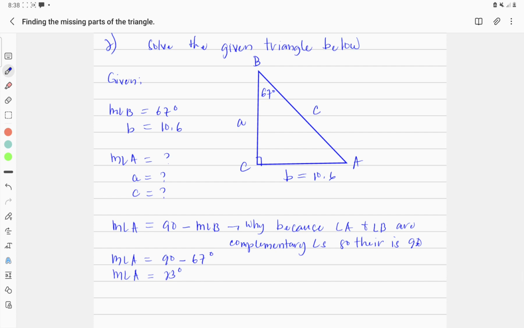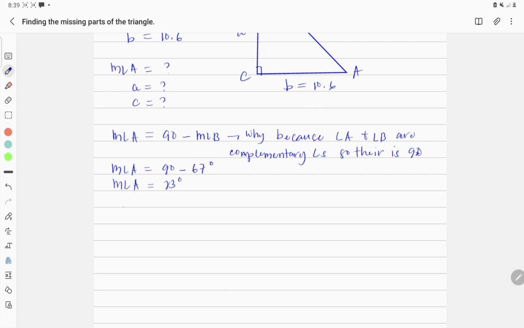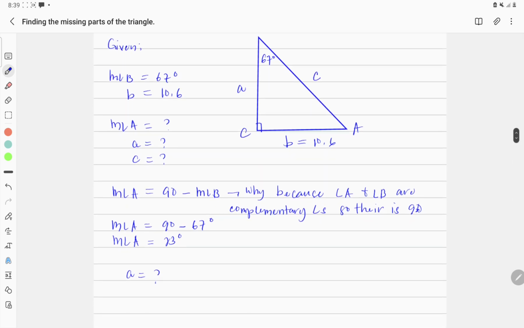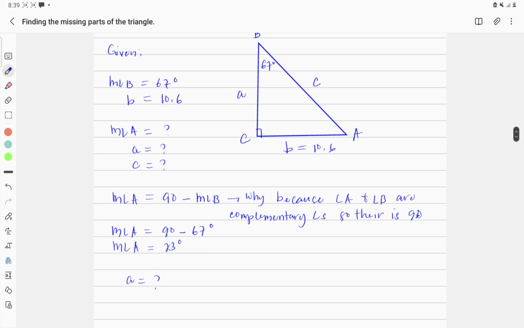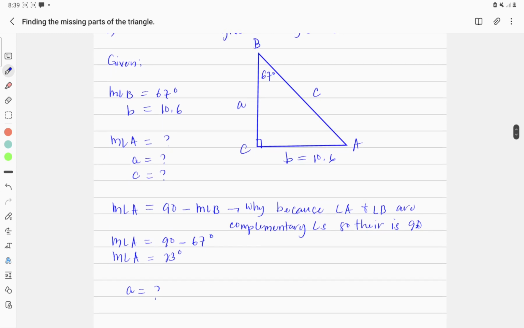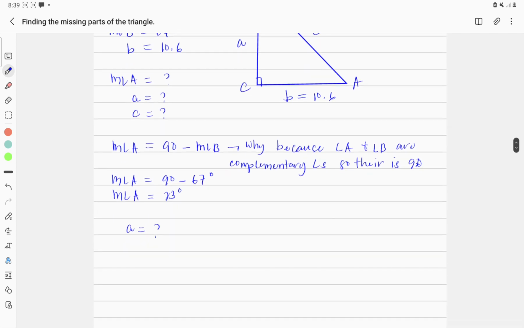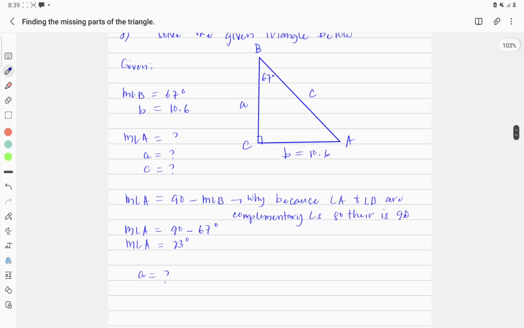Okay, now let's try to solve side A. In solving side A, we will be using angle B and side B. If we take B as our reference angle, A is the adjacent side and B is the opposite side.